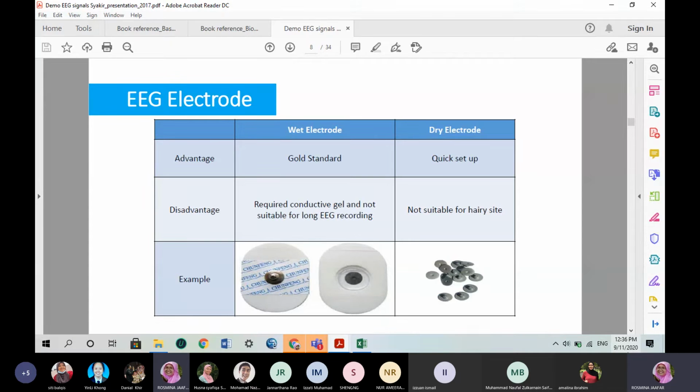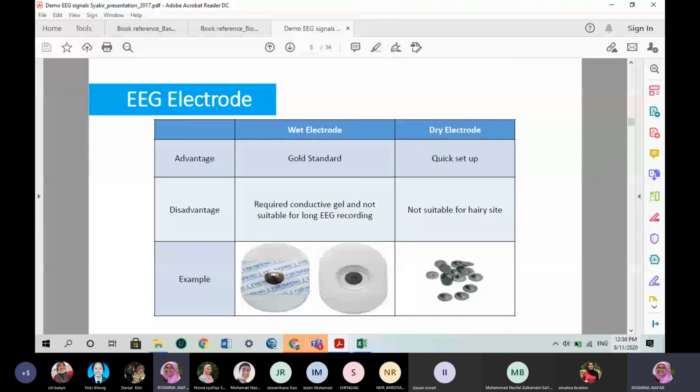And most of the electrodes, you can have either the gold standard electrodes, or you can have quick setup electrodes. The gold standard electrodes are normally with gel inside, and the function of the gel is to reduce skin resistance.